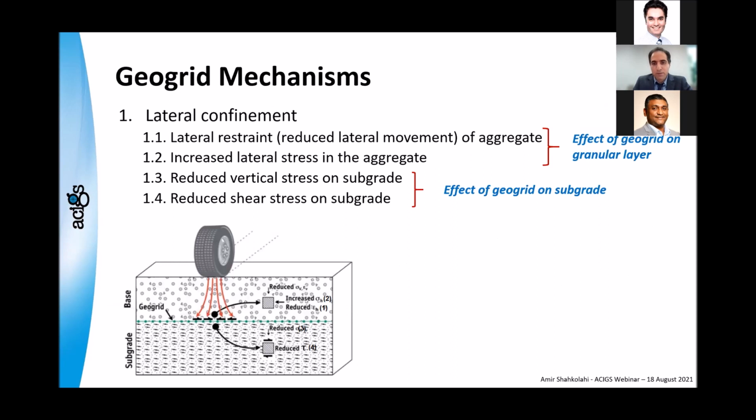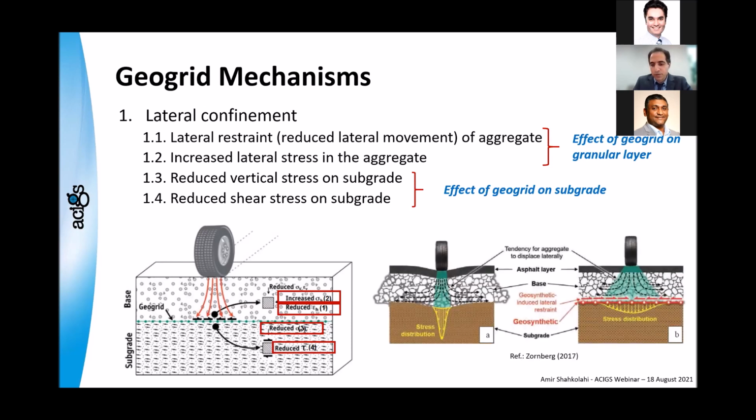At the same time, geogrid has some benefits for the subgrade, which are reducing vertical stress on the subgrade and reducing shear stress on the subgrade. As you can see in the graph here, benefit 1 and benefit 2 are for the gravel layer, and benefit 3 and benefit 4 are for the subgrade, if we put geogrid between subgrade and gravel.